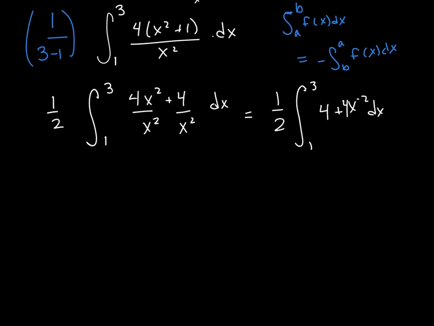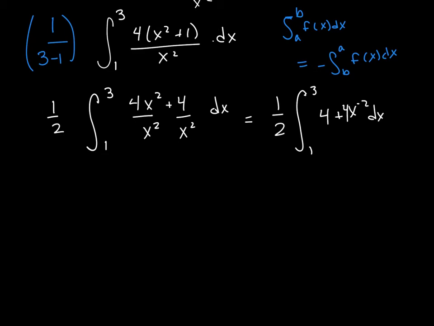All right, so the 1/2 stays out. Now, I'm putting this in brackets here because at the end of this I have to remember to evaluate it from 3 to 1, which means I'm plugging that value in for x when I'm done.